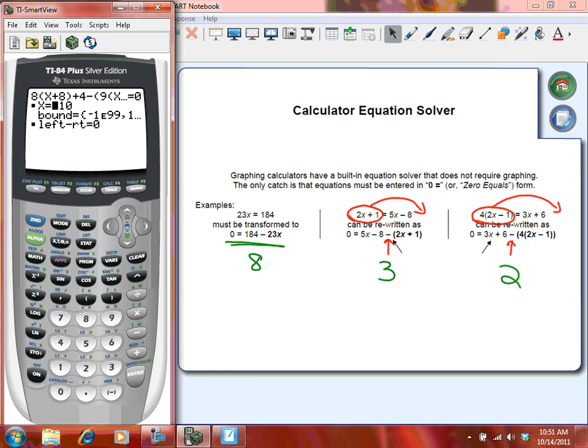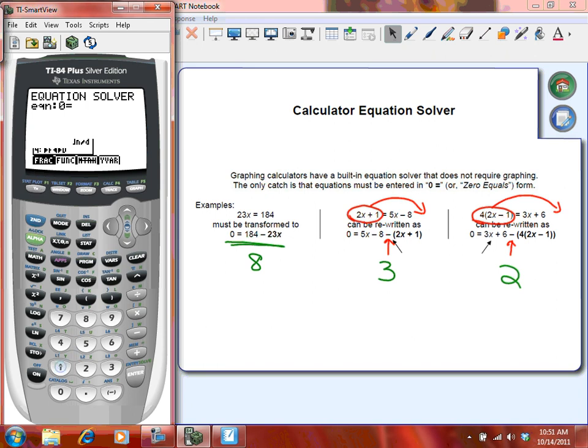All right, let's try one more, one that has fractions in it, like number 15. Let's try number 15. I'm going to have to go up arrow key, clear that out, and we're going to start by typing in the right side of the equation. Now remember, we can get the 1/3 by hitting the green button and then the y equals.